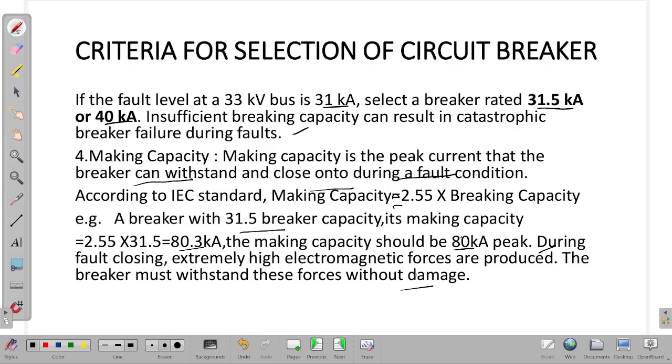So the proper rating of the making capacity should be maintained.